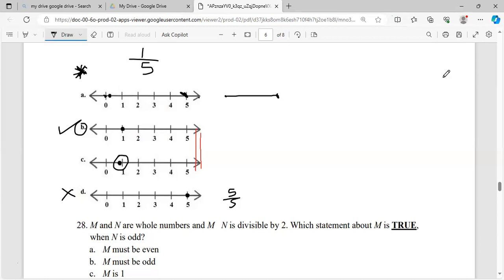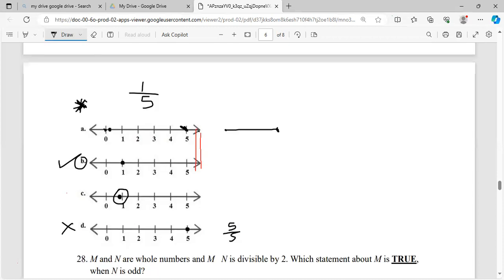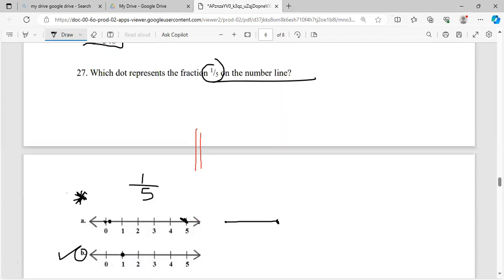No, let me see if they say off. No, they never say off. They say on. Guys, I'm thinking it's A, you know, because they never say 1/5 off. They say 1/5 on the number line.